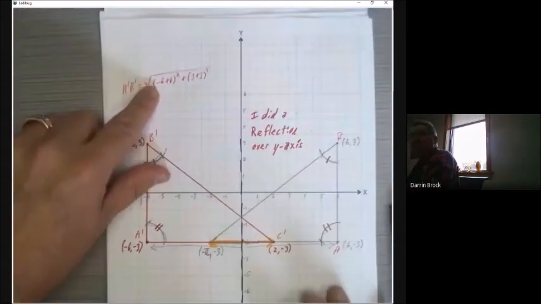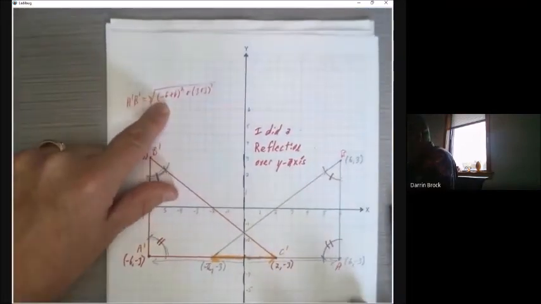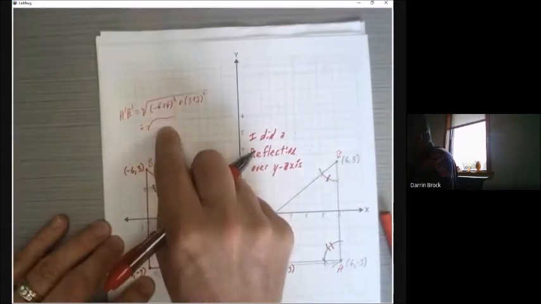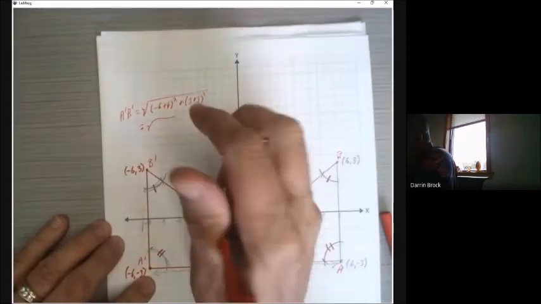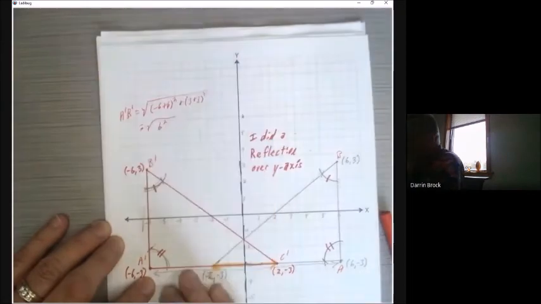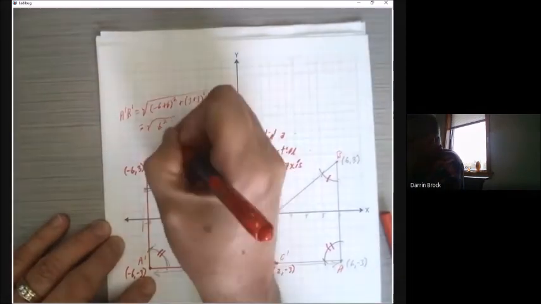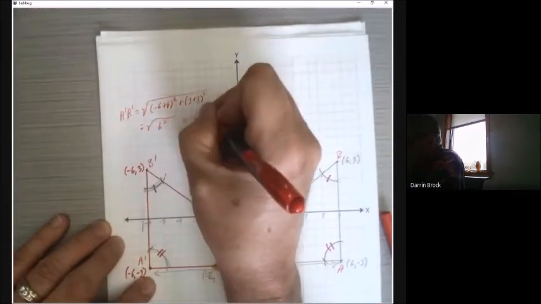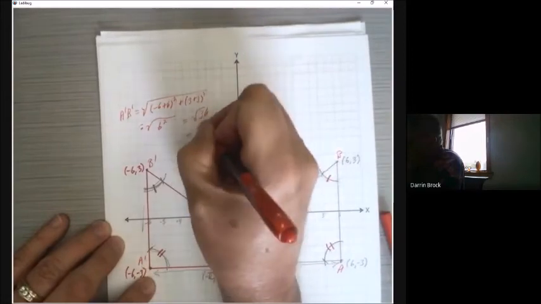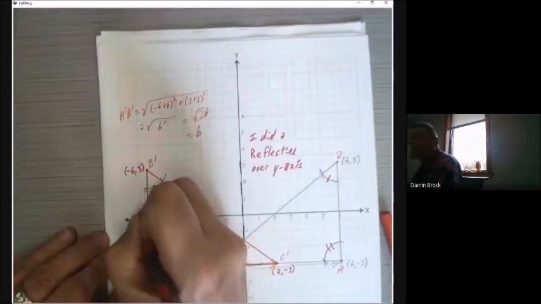So -6 plus 6 is 0, so that goes away. 0 plus 3 plus 3 is 6, 6 squared. So we just have 6 squared because the other one was a 0. 6 squared is 36. So the square root of 36 is just 6. So this is a distance of 6.